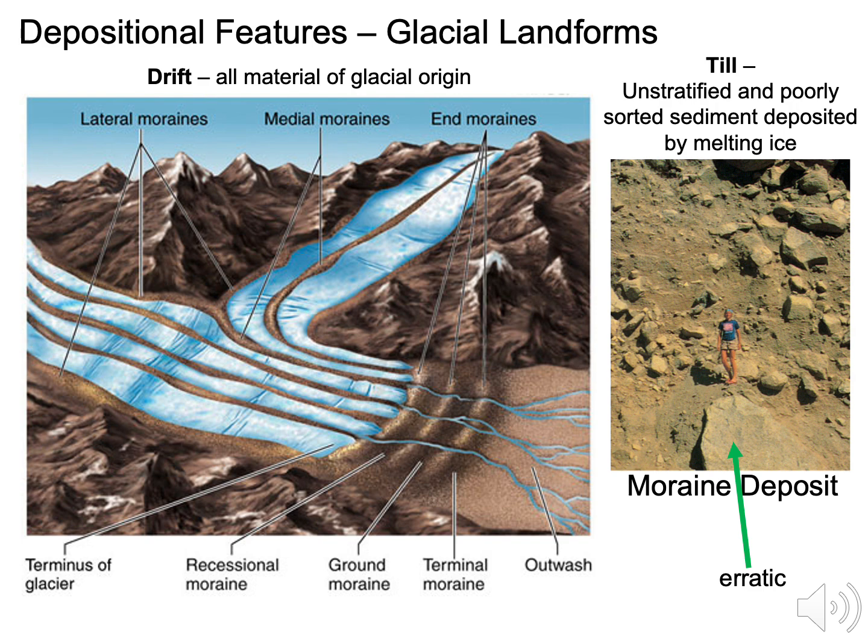They can move very large grain sizes like boulders and cobbles, but they also move finer grain sizes, and they deposit it in these large, unstratified and poorly sorted deposits known as till. If you do have a very large boulder that is moved by a glacier, this is called an erratic or a glacial erratic, and this is also a depositional feature that is quite indicative of glaciers being present in the area and glacial landforms.